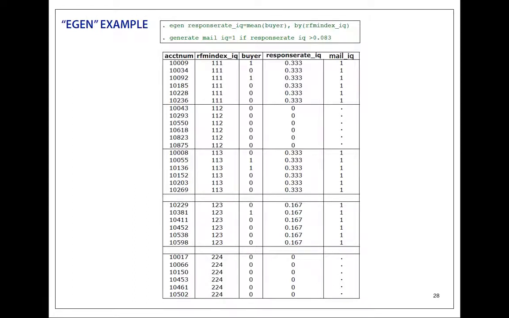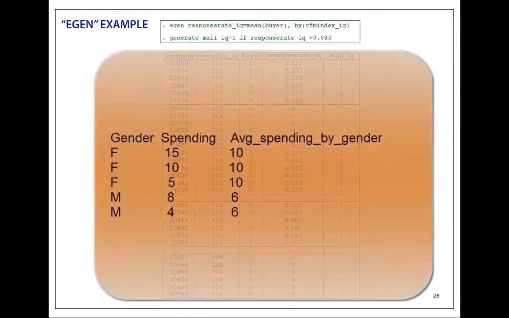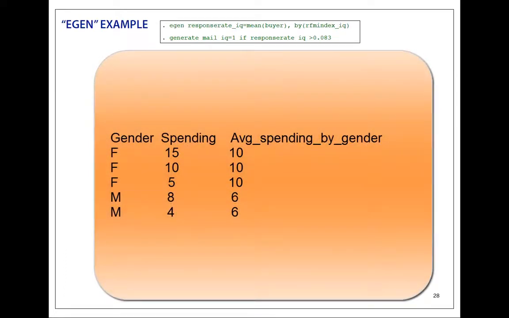Let me give you a simple example, and forget about the table on the slide for the moment. So imagine there are 3 female customers and 2 male customers. The 3 female customers spend on average $5.